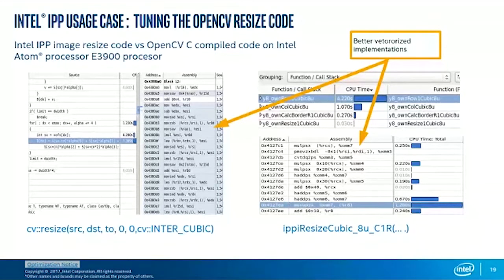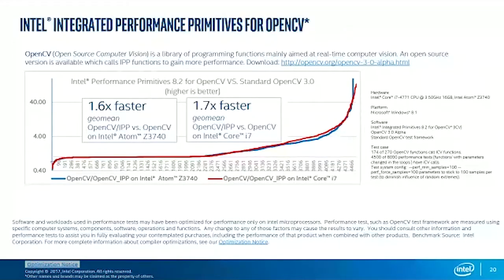So IPP is a library developed by Intel with optimized functions, which can deliver better vectorized calculation. Here is the graph showing the performance of IPP compared to standard OpenCV without IPP.